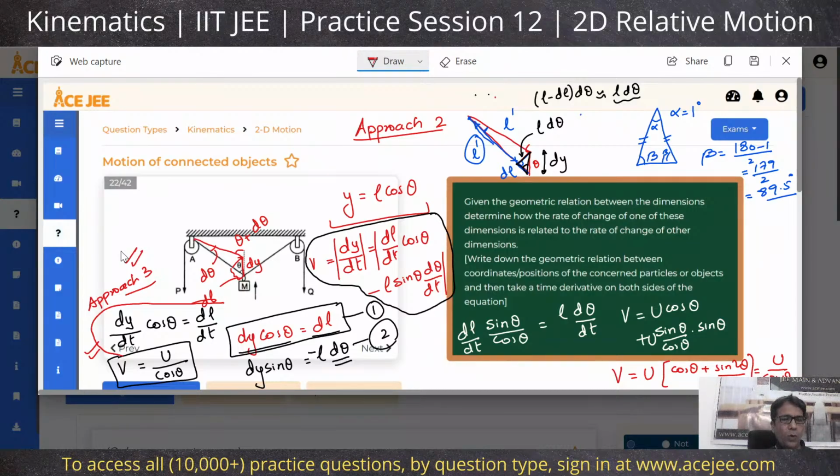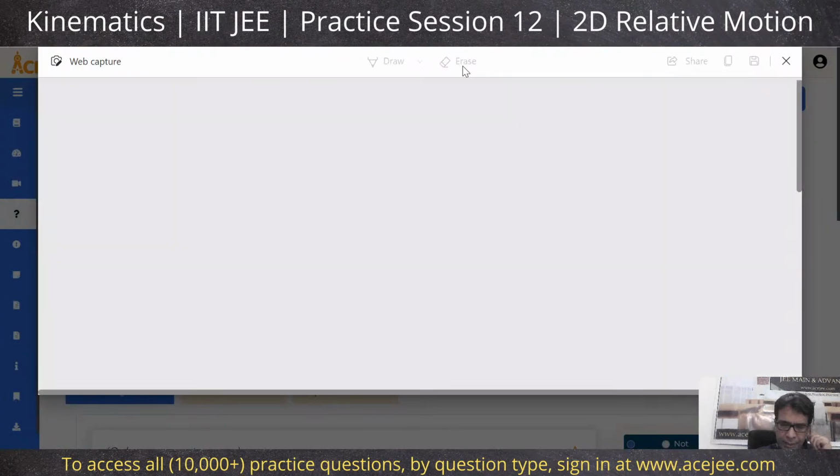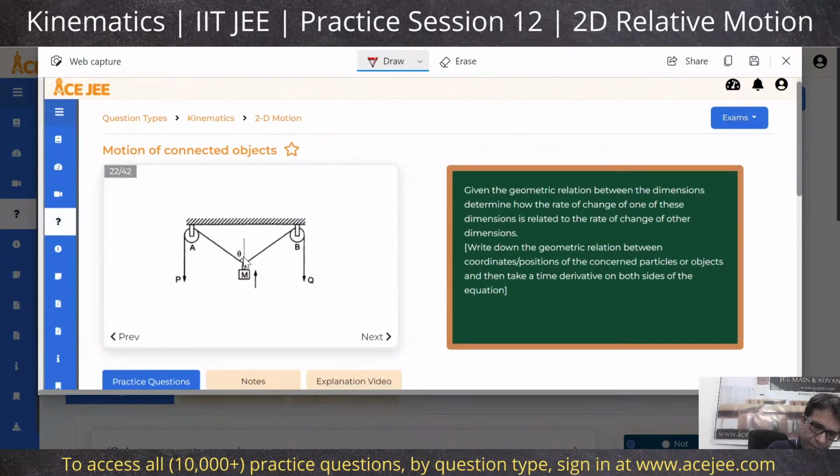Now, in many YouTube videos and the coaching institutes, you will see that teachers are explaining to get the relationship between the two, this is how they tend to explain it. That if the mass M is moving with velocity V, then how much distance has the V covered?